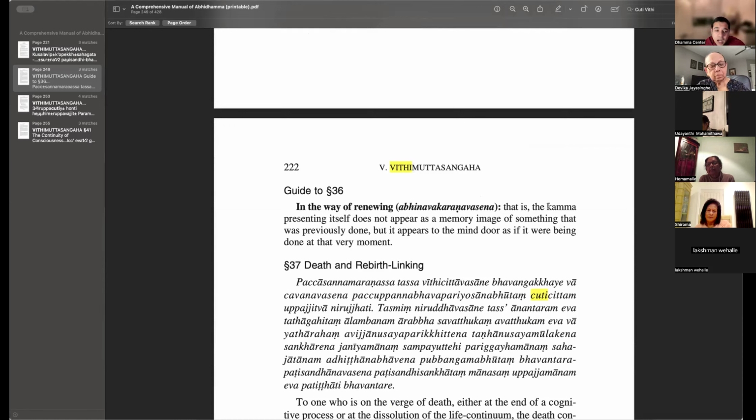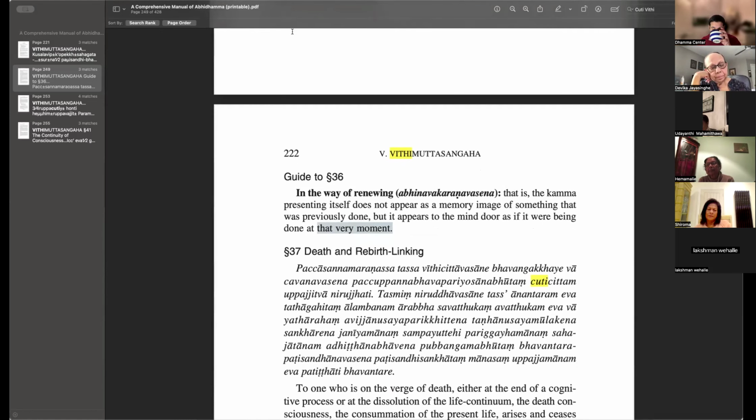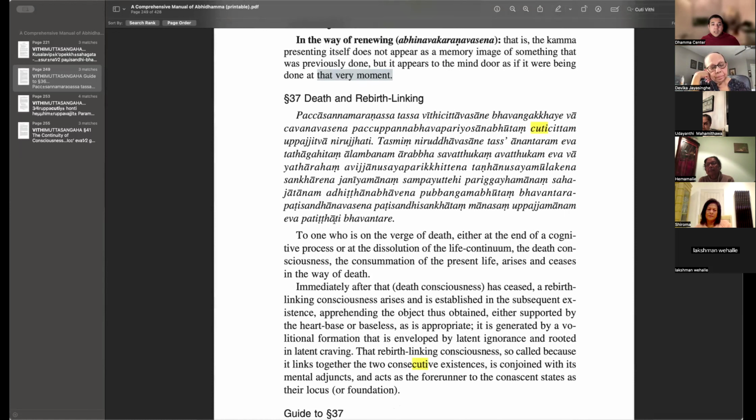That is, the kamma presenting itself does not appear as a memory image of something that was previously done, but it appears to the mind as if it were being done at that very moment. Right? At that very moment, to one who is on the verge of death.